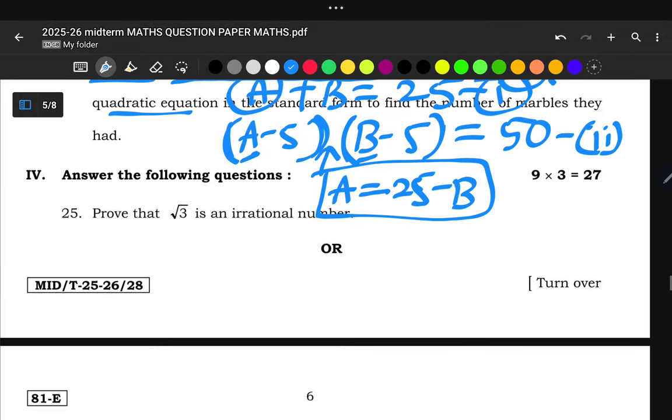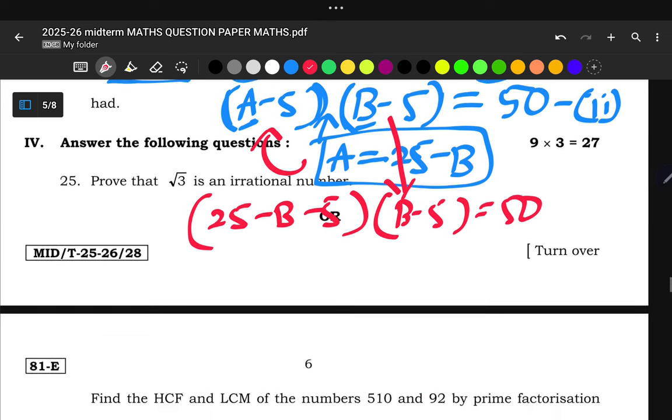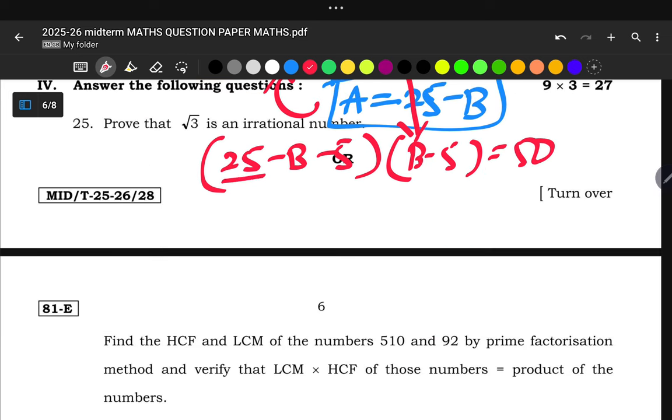Now write here the A value, that is (25 minus B) minus 5, into bracket B minus 5, is equal to how much it is given? 50. See, 25 into B, how much is it? 25B, and 25 into 5 means minus 125.